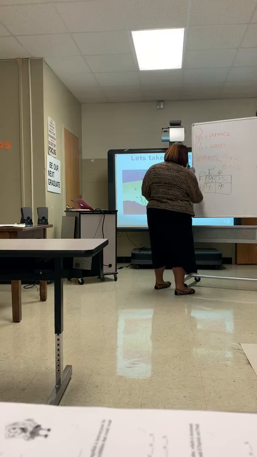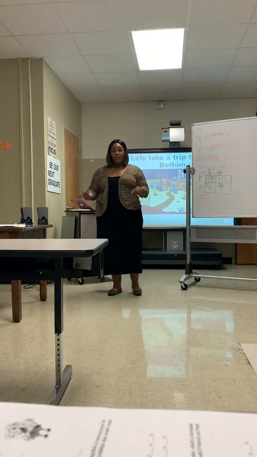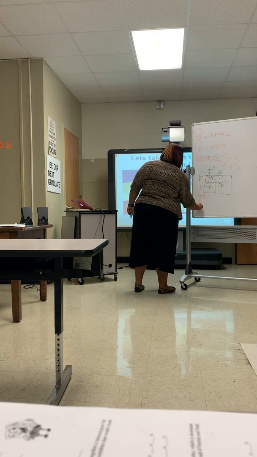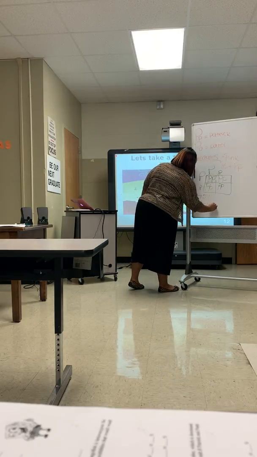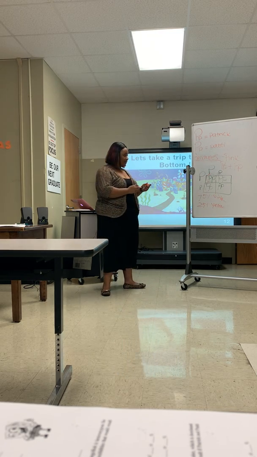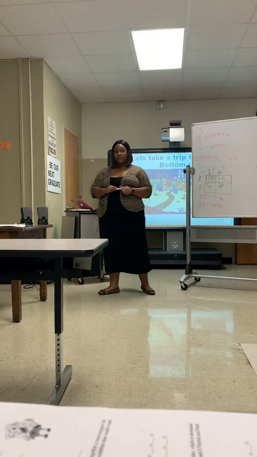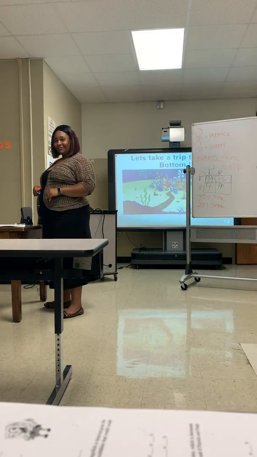So there's a 75% chance that the baby will be pink, and there's a 25% chance that the baby will be yellow. Okay? Keep in mind that each box represents 25%.